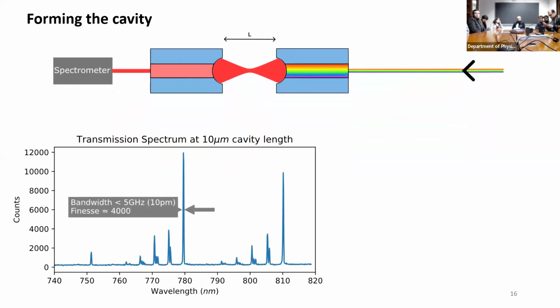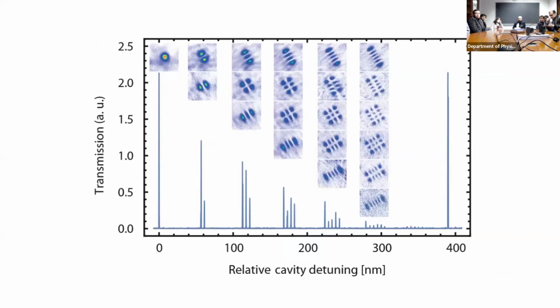I will explain. You see no transmission, then no transmission. Please ignore these peaks for a second. Then transmission, and then transmission. These higher-order peaks are also there because the light field inside the cavity is a Gaussian, so you don't just have one mode, you have several modes, and these modes are visualized in this image with their respective transmissions.